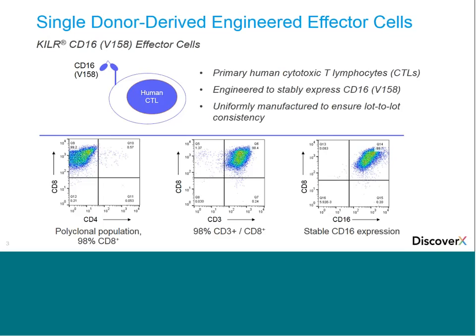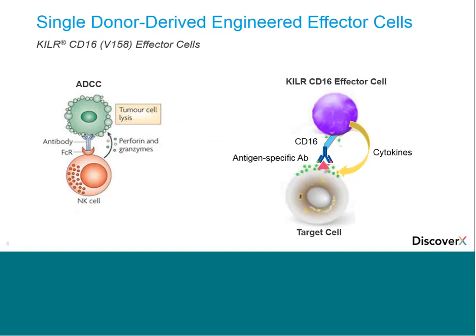The CD16 effector cells are a polyclonal population that are 98% CD8 positive. Importantly, 98% of these CD8 positive cells are also positive for CD3, and 99% of the CD8 positive cells are positive for CD16, demonstrating the homogeneous and stable CD16 expression in these cells.